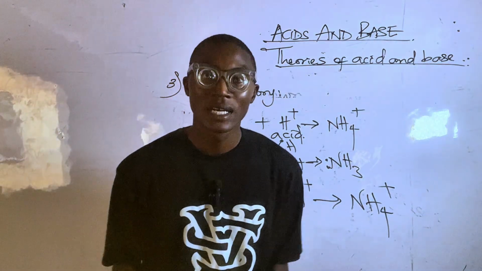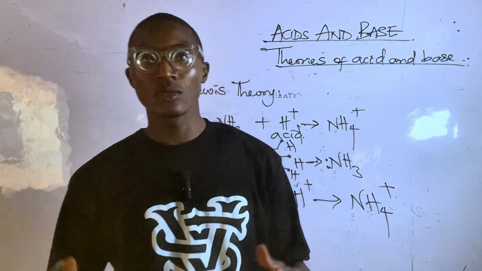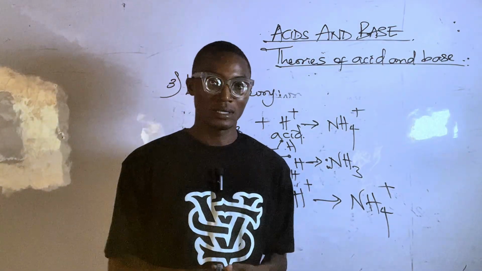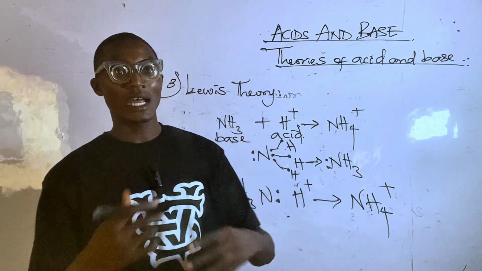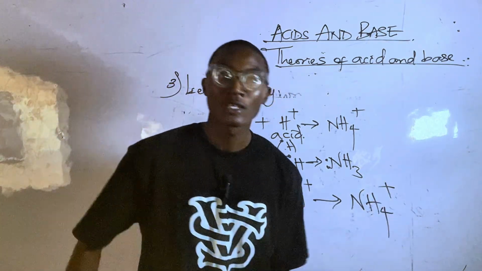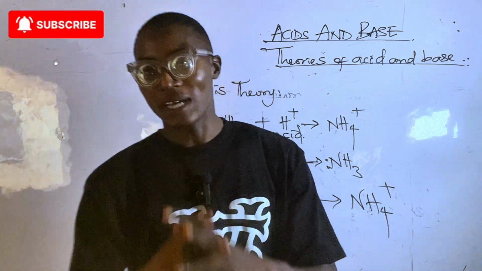And that is why the most prominent, the commonly used definition of acid and base is that of the Arrhenius, since all other definitions as well speak about H plus as the acid.